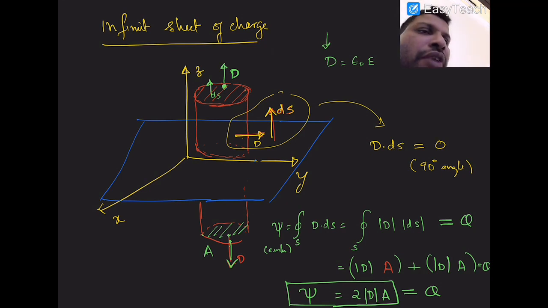Now you see, if you see this small area on this sheet, this is a small sheet. So what will be the area? This area will be the same as the area on the top and the bottom. So the total charge is equal to the surface charge density.